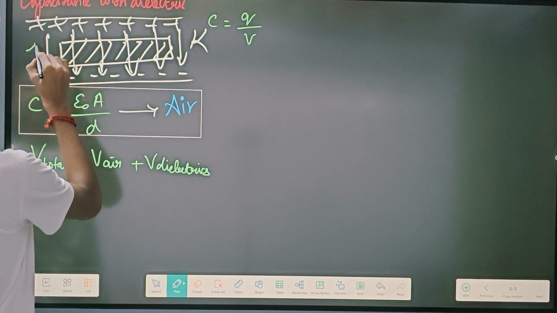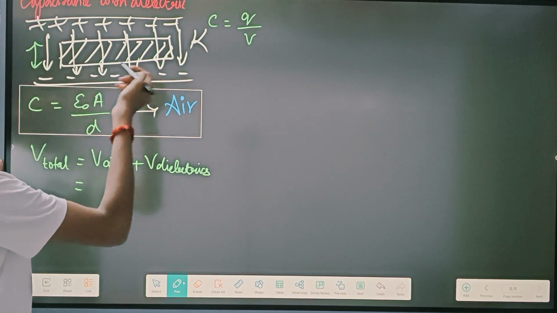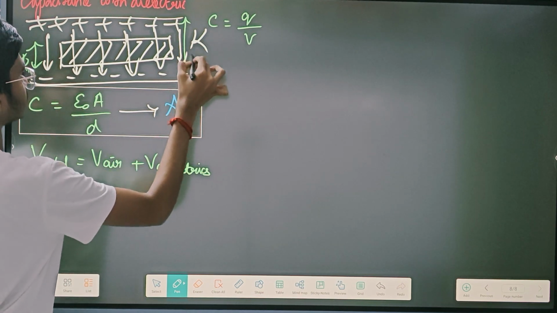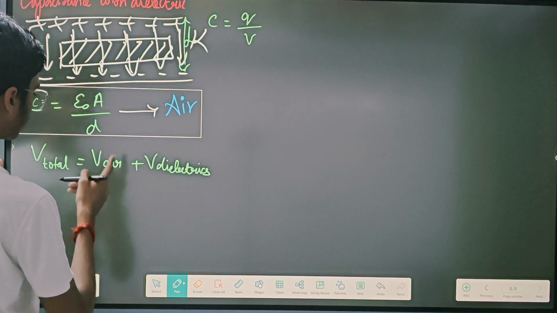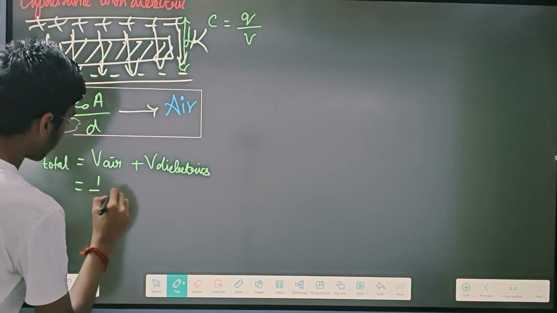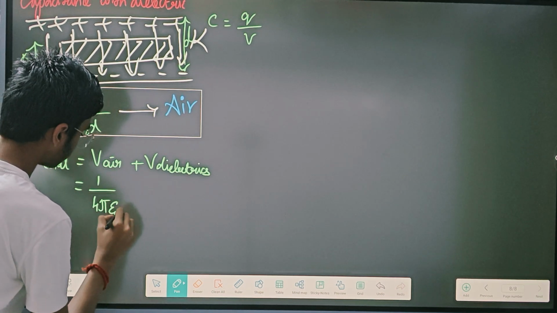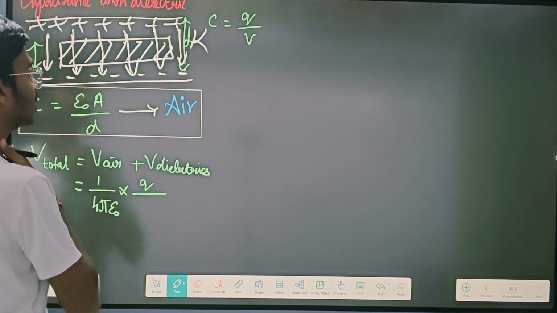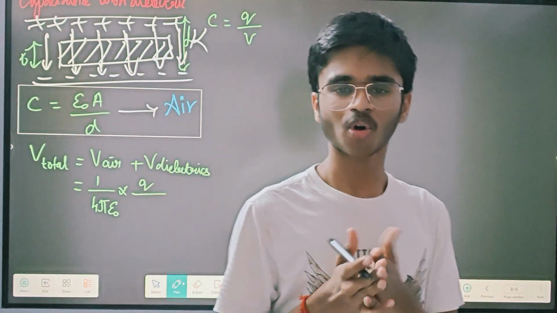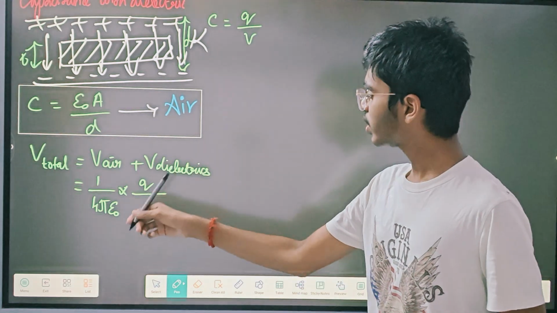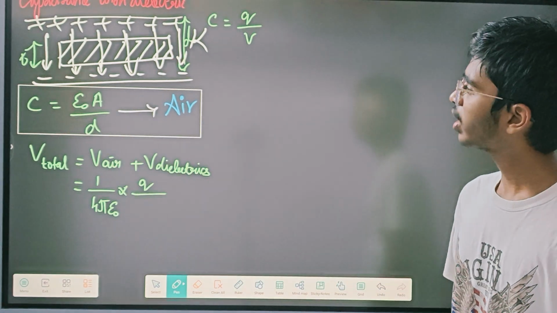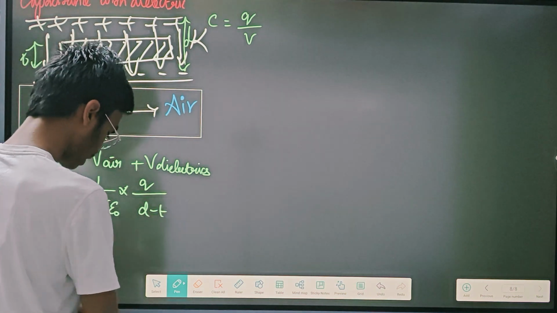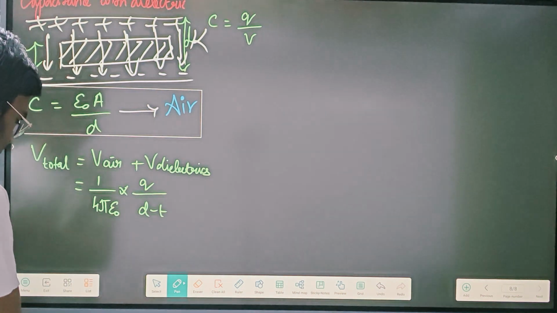I will take this thickness as T, and the total distance as D. We know that 1 by 4 pi epsilon naught into Q whole divided by D. This is the place where a lot of people get it wrong. First you have to find only for the air, so it will be D minus T. Correct, right? It will be D minus T.